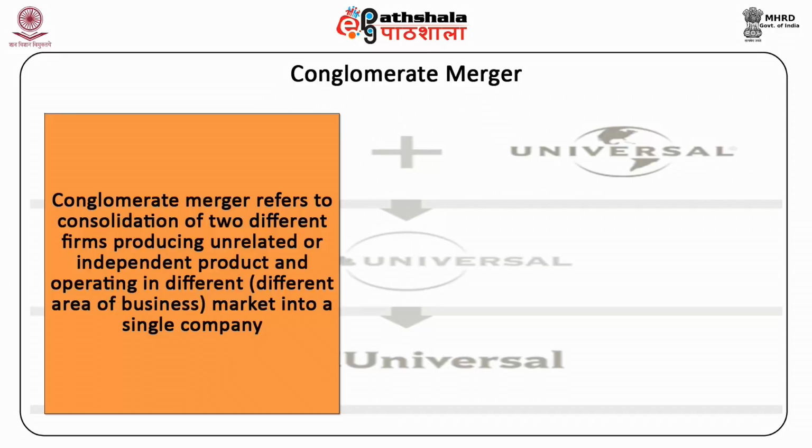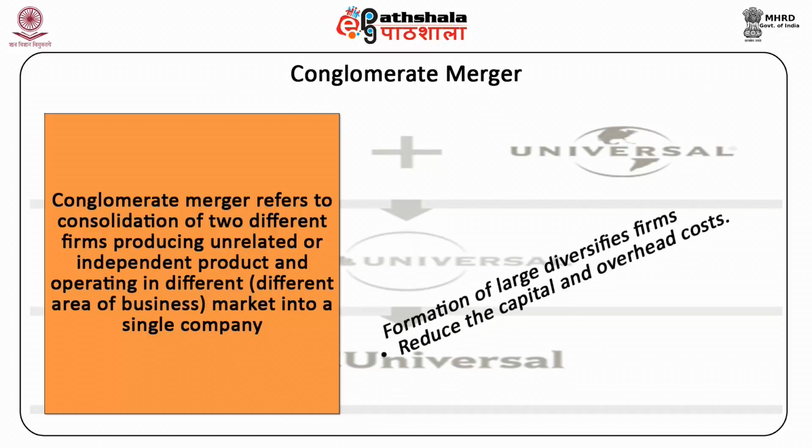Such mergers result in formation of large diversified firms. This does not raise concerns about market dominance. However, their ability to cross-subsidize raises serious concern about unfair competition with undiversified competitors. Conglomerate merger helps firms to reduce the capital and overhead costs.